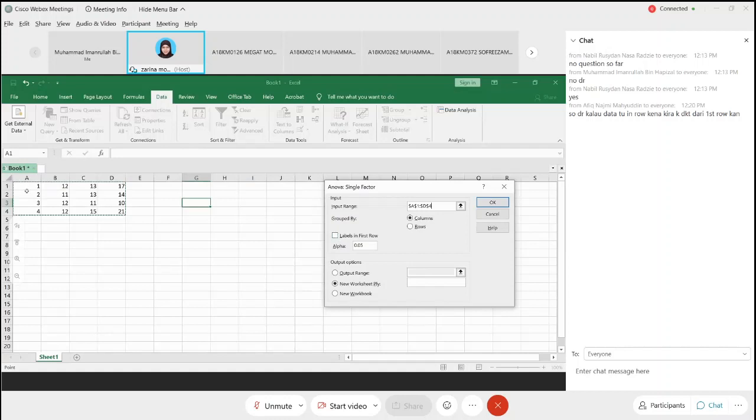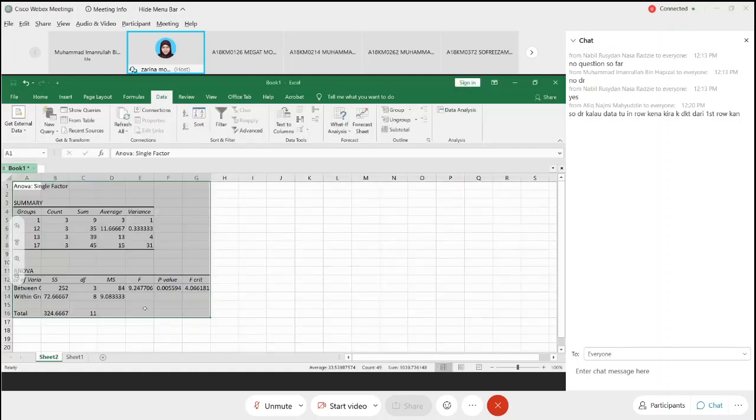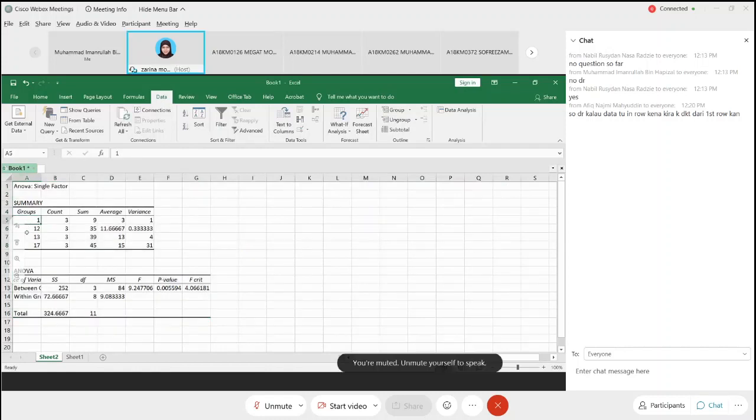But since we don't have labels, if you put labels in the first row, what happens? Your groups are actually group 1, 12, 13, and 17, and that is not supposed to be.